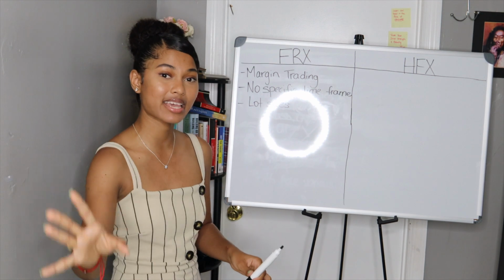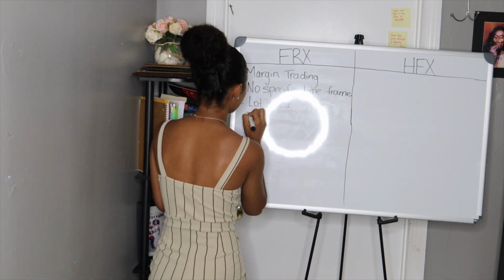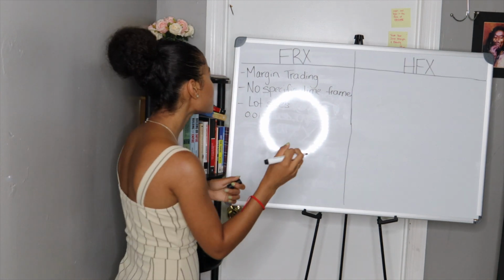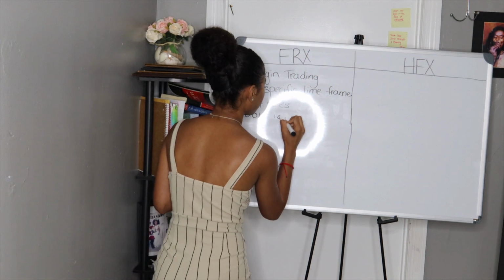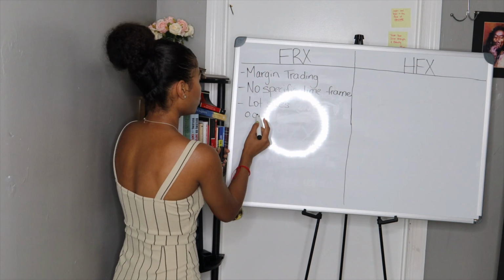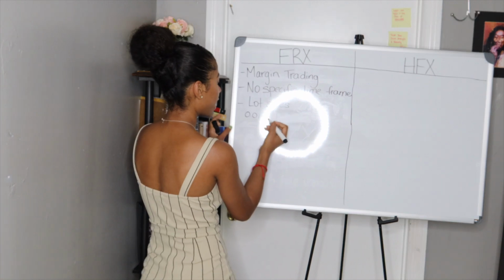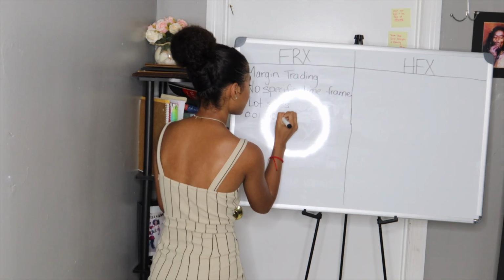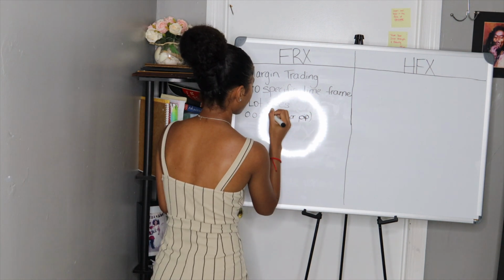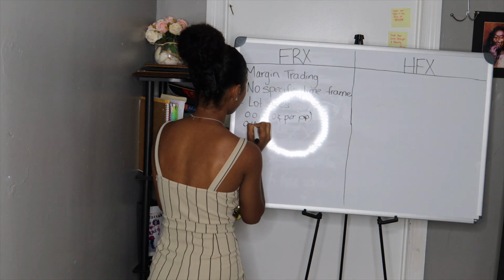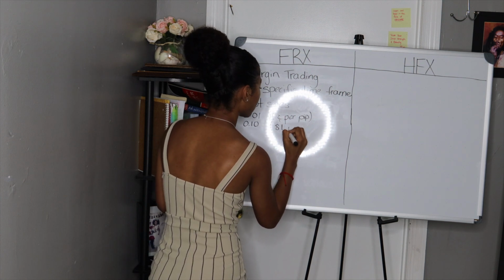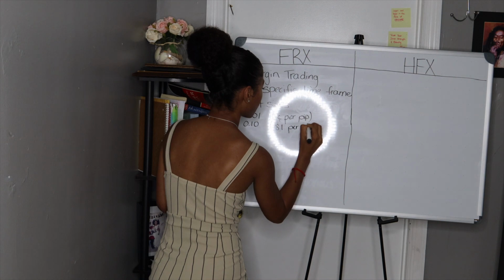Just to give you a little example, the first lot size is 0.01, and 0.01 just simply means 1 cent per pip. Then the next lot size, 0.10, is $1 per pip.